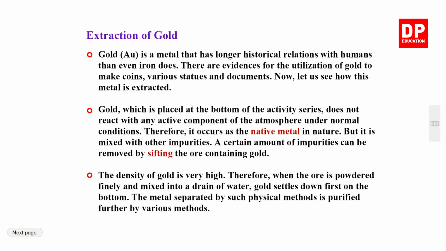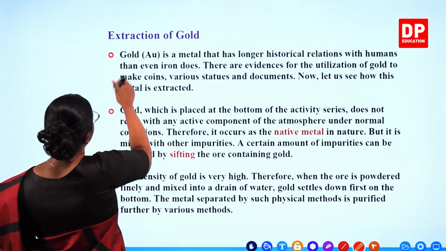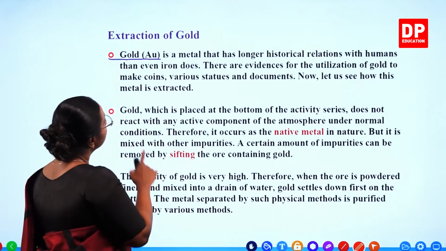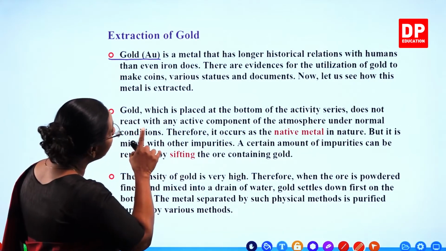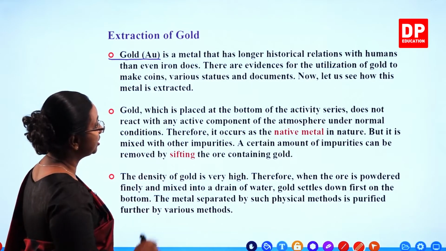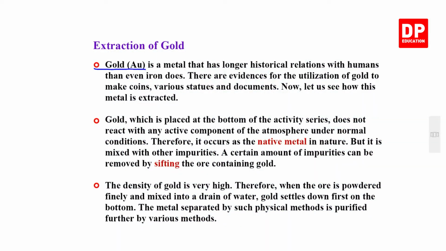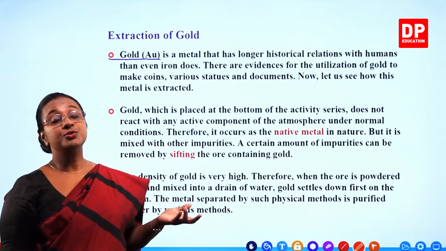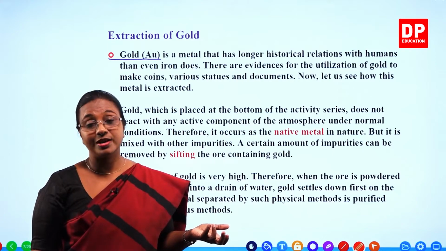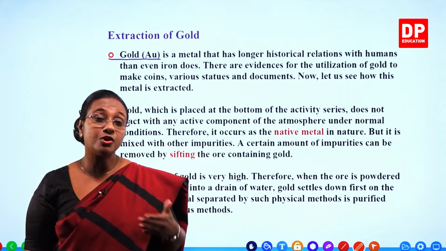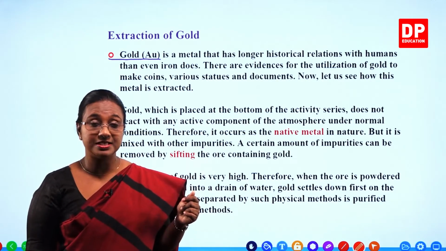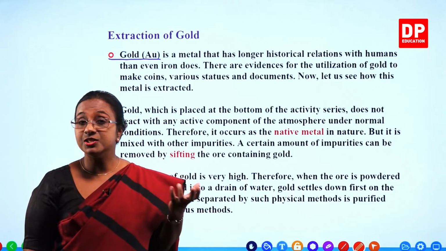So extraction of gold. Gold, Au, is a metal that has longer historical relationships with humans than even iron does. Historically, there is a lot of relationship of gold with humans. Even now, we use gold mostly as jewelry because it does not react with any other substances. The color, the shine is not lost.